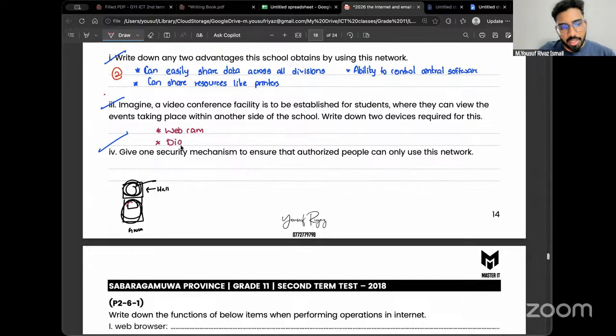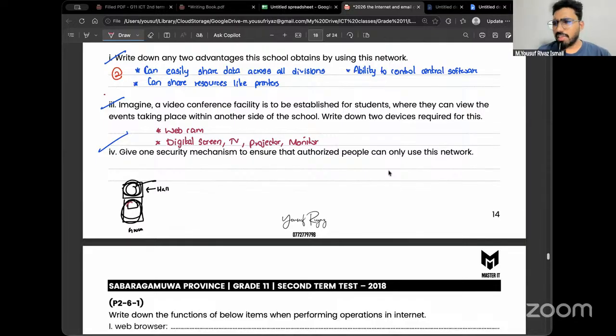You can mention a digital screen, or a TV, or a projector, or a monitor, any other output device that could output the data. So these are the two main devices you need.